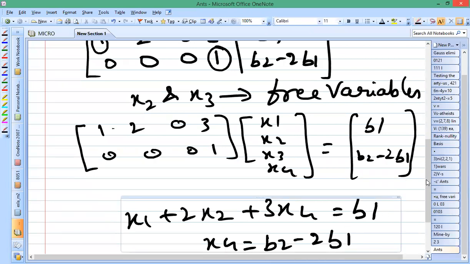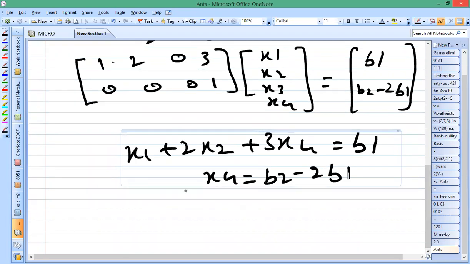Since x2 and x3 are free variables, I'll put x4 as 0 to find the conditions for a solution. x3 and x2 are free variables.